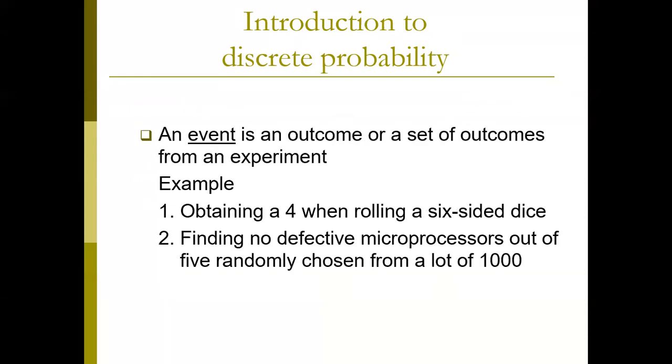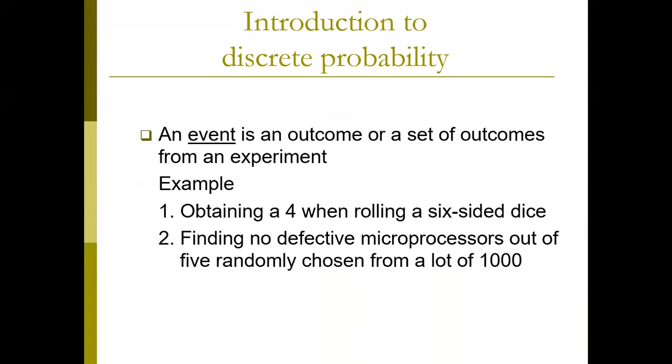All right. Now, the next thing that we need to know about is event. An event is simply an outcome of an experiment. So if we roll a die, what are the different outcomes that we may have, right? So any of those outcomes, when you roll the die, forms an event, all right?